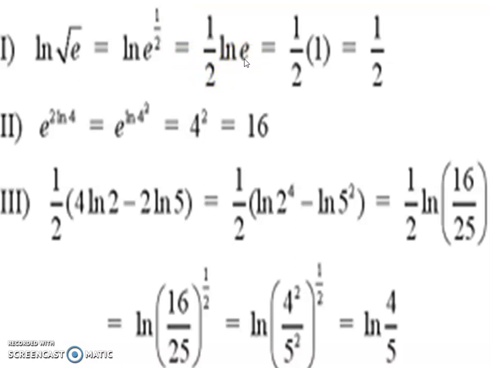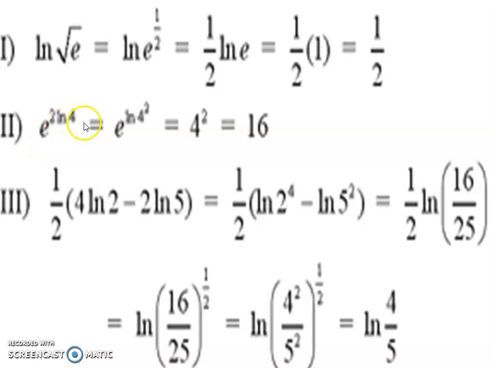We know that ln e to the base e is 1. So the answer is 1 upon 2 into 1, which is 1 upon 2. In this example, be sure we use the law of indices. Here ln e is equal to 1 and, most important, ln m raised to n is n ln m.